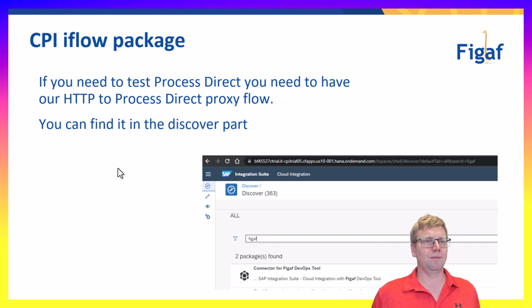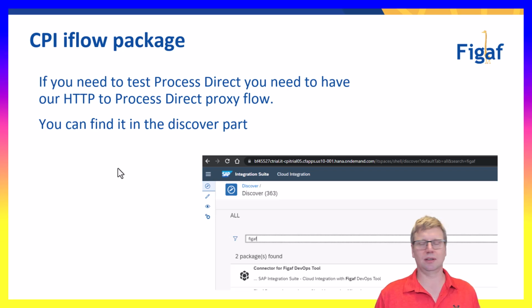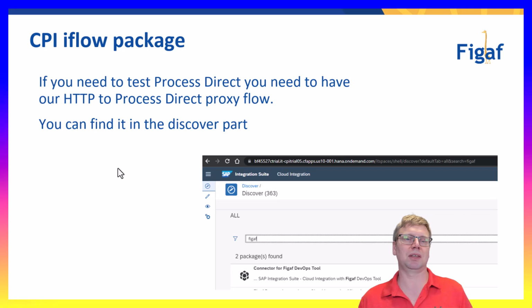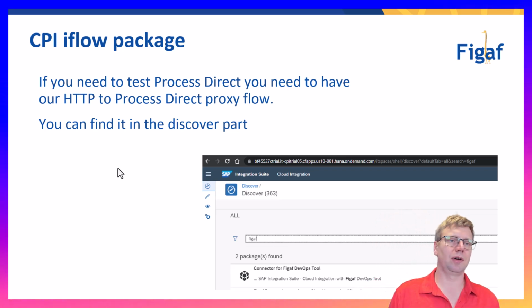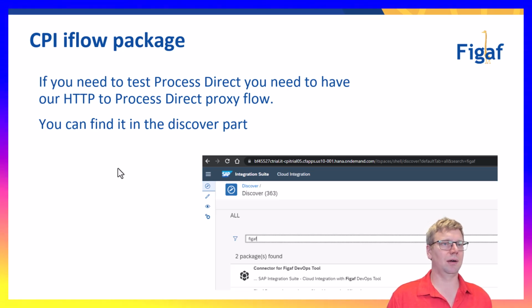We did have this CPI package, so if you search for Figaf, you will get this discover. In here, there are two iflow proxies that we're using. One is for HTTP to process track, and one from HTTP to GMS. This would allow the Figaf tool to send messages into the relevant scenarios without having to create a different iflow.